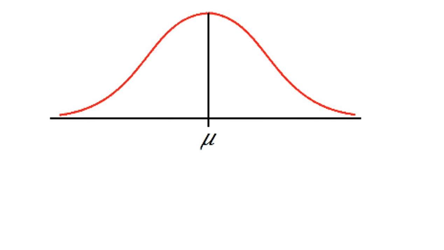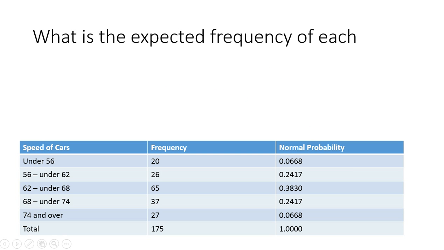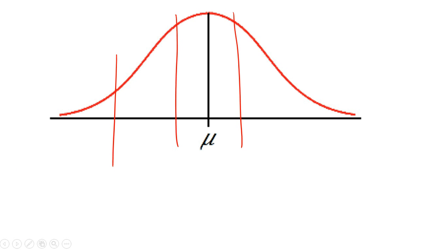What's basically happening here is that we're taking our normal distribution and dividing it up into sections. As you see, we end up having 5 sections where the red lines divide, not where the mean is. Over here we have our less than 56. Over here we have our more than 74.